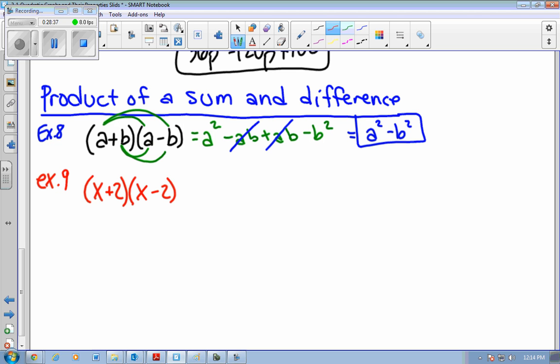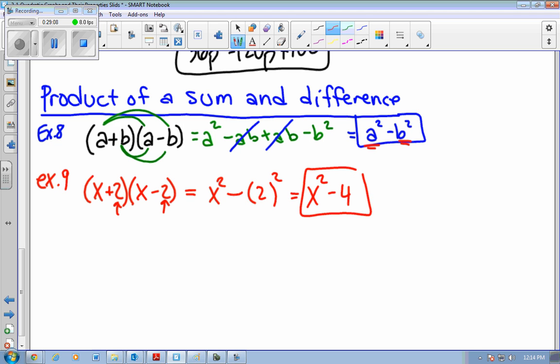When this happens, the middle terms always cancel out, and it will be the first guy squared, subtract the second guy squared. So who's the first guy? We get x squared, subtract, now be very careful, who's the second guy? The second guy is just the 2, we don't have to worry about the sign. 2 squared, so therefore it is x squared minus 4.